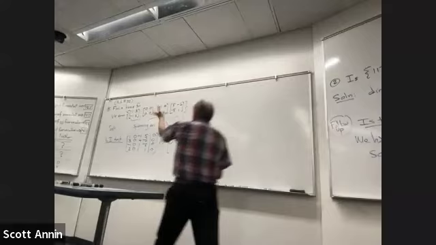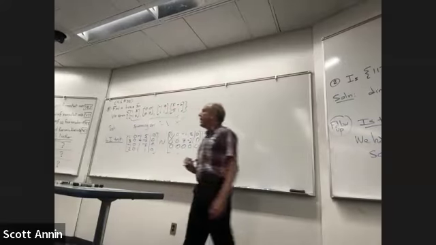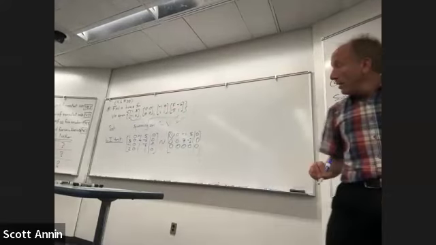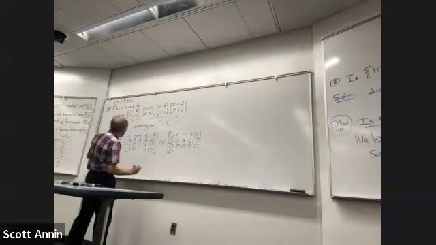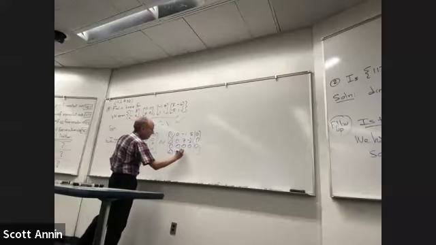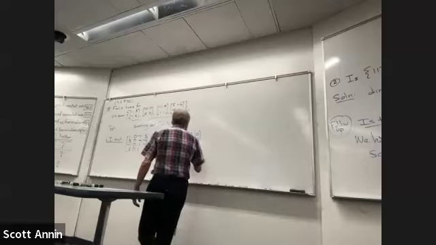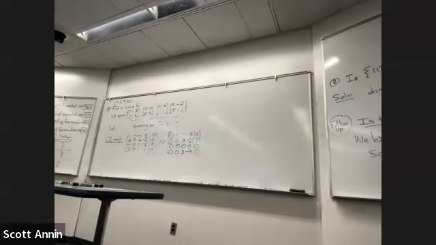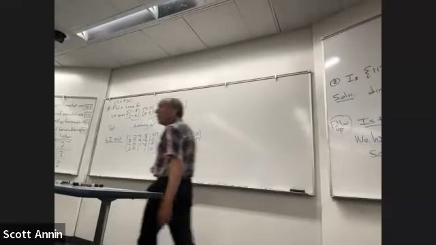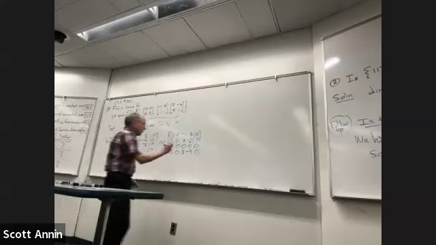And if I take -2 times the first row and add it to the third row, I'll get 0, 0, 3, -9, and 0. I'm going a little quickly through this part because this is just the ERO business, but that's what we would have.